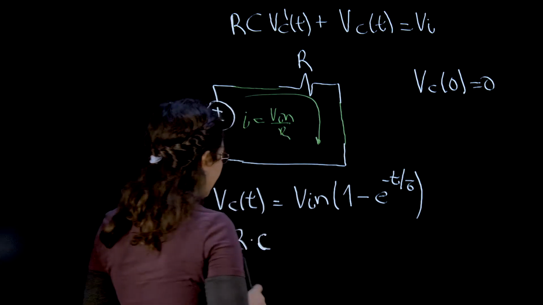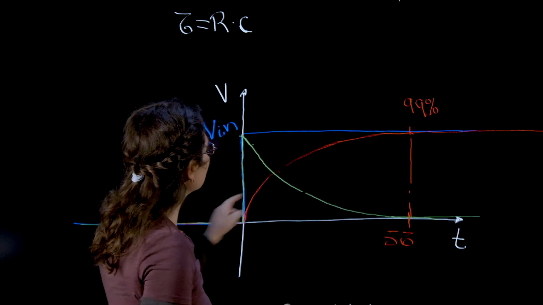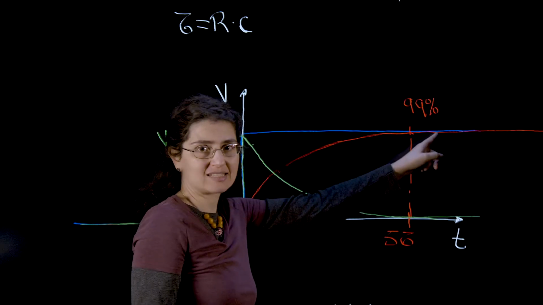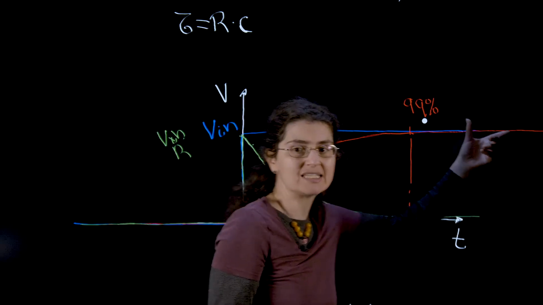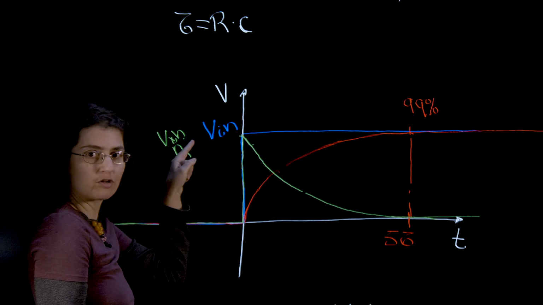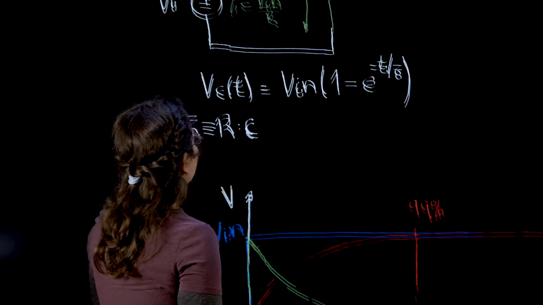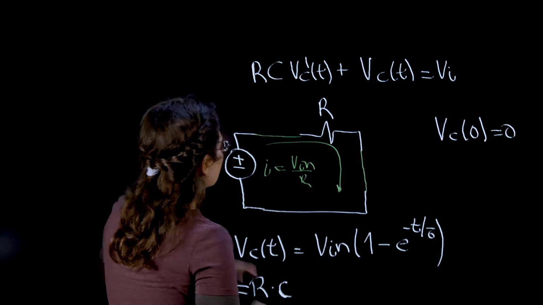And the other thing we can see is that when the capacitor is completely charged, at, say, t equals infinity, the voltage in the capacitor is equal to the input voltage, right? So what does it mean?